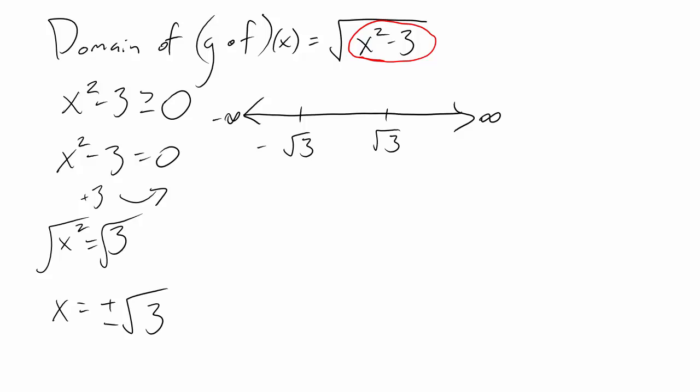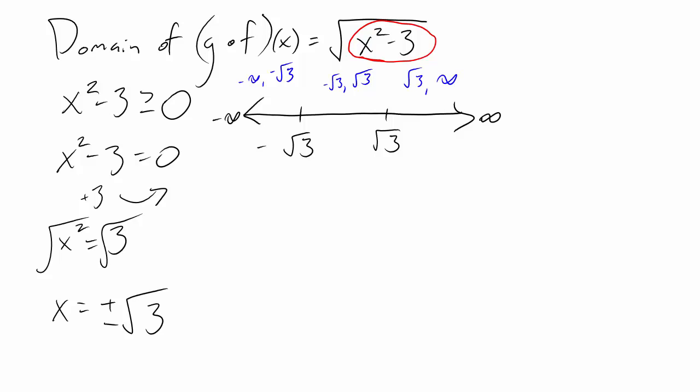So what we need to do here now is come up with some test values to test each of these three intervals. The interval from negative infinity to negative square root of 3, the interval from negative square root of 3 to radical 3, and the interval from square root of 3 to infinity.